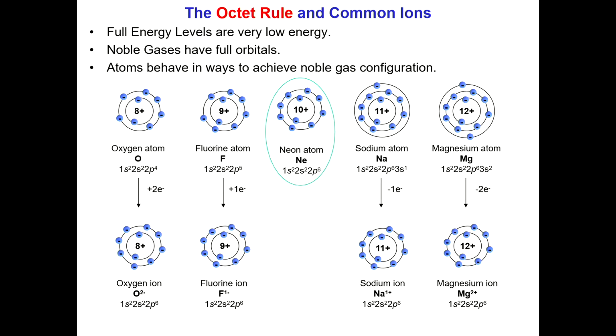Do you remember we introduced that when it loses, it gets the plus? If they lose electrons, they have more protons, right? Protons are plus charge, neutrons are 0, and electrons are minus. The number of electrons equals the number of protons. So if they lose electrons, they have more protons, so it has plus charge.